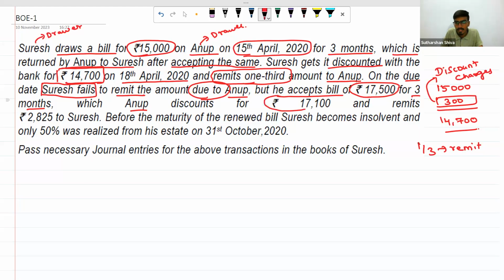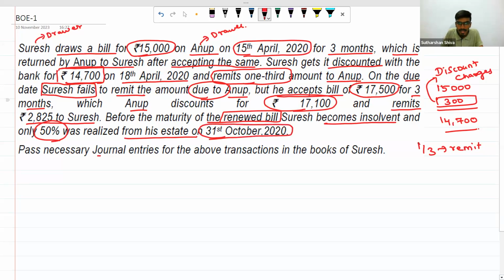He discounts it at 17,100 and remits 2,825 to Anup. Before the maturity of the renewed bill, Suresh became insolvent and only 50% was realized from his estate on 31st October 2020. They are asking for the journal entries for the above transactions.